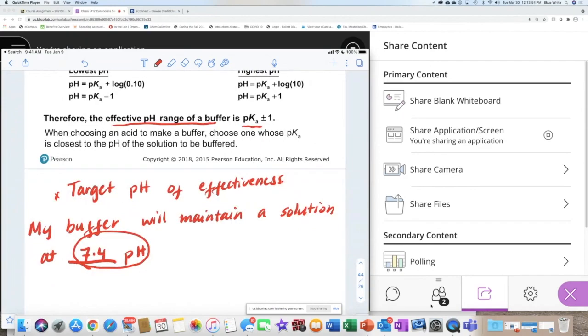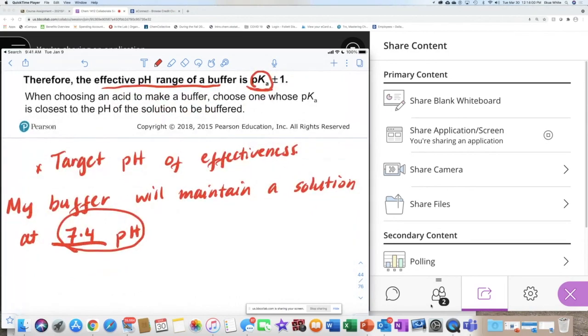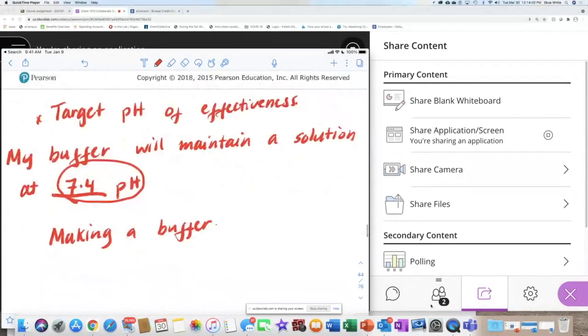They tell you the first thing is you want to know the pKa of that chemical. Okay, so the first thing you want to write in making a buffer. Remember, if you're making an acidic buffer, you need two ingredients.